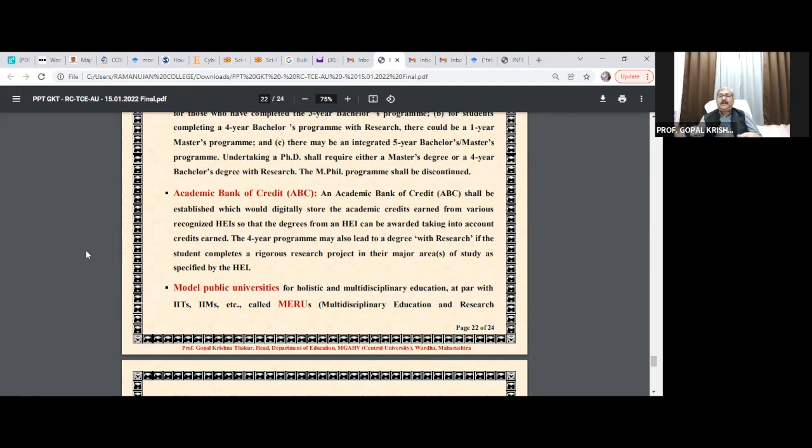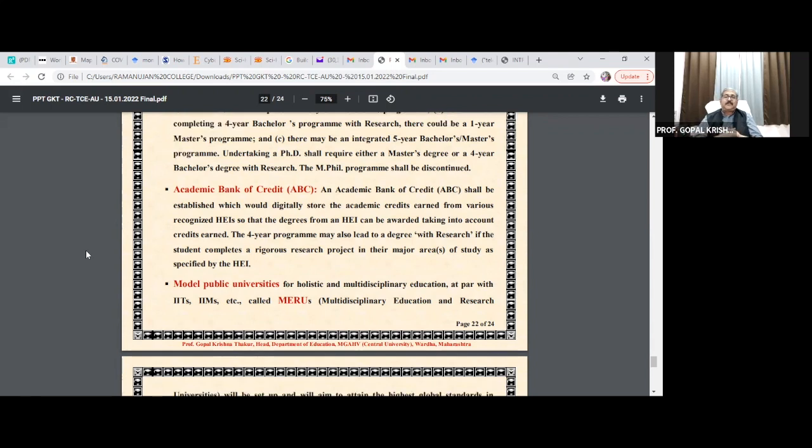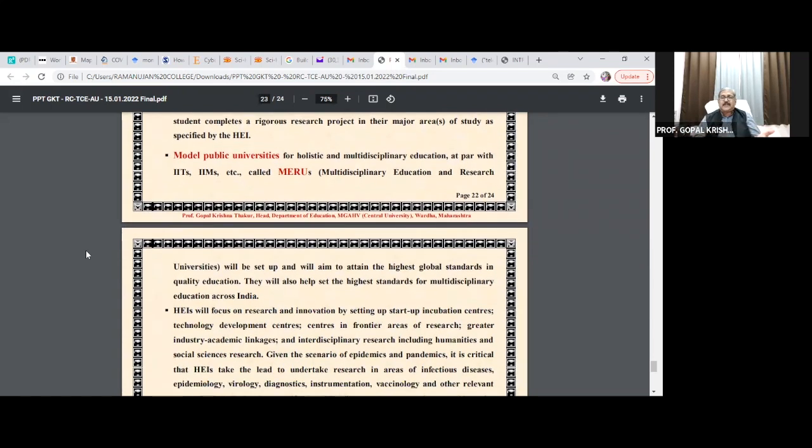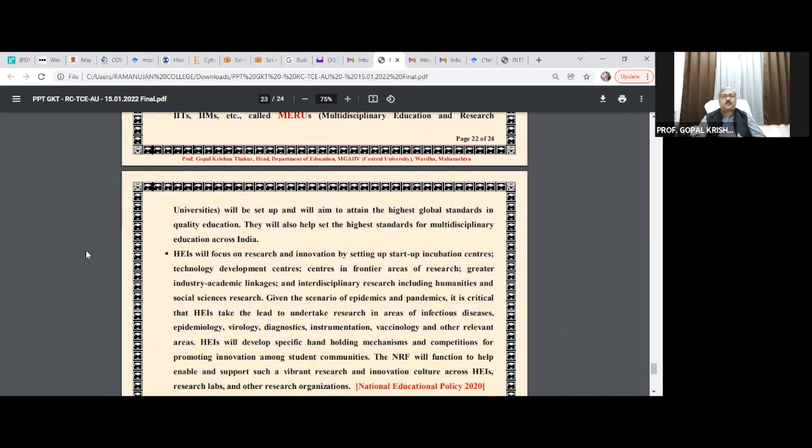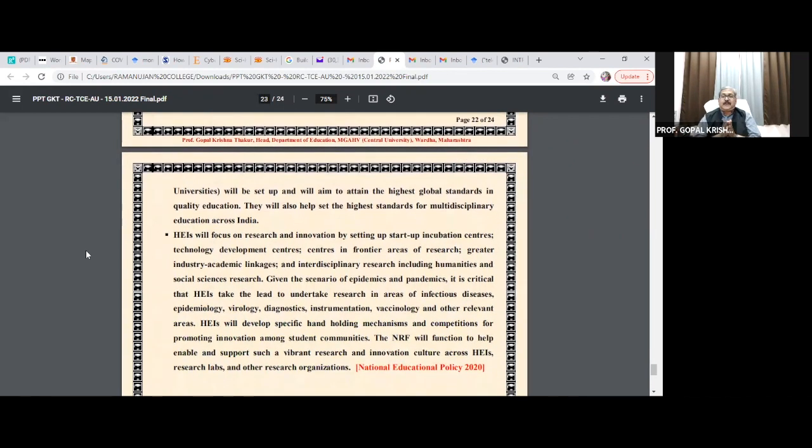It will have innovative programs, innovations in education, startup incubation centers, technology development centers, centers in frontier areas of research, greater industry-academic linkages, and interdisciplinary research, including humanities and social sciences research. Given the scenario of epidemics and pandemics, it is critical that higher education institutions take the lead to undertake research in areas of infectious diseases, from which the whole of humanity has been suffering for the last 1.5 or 2 years.